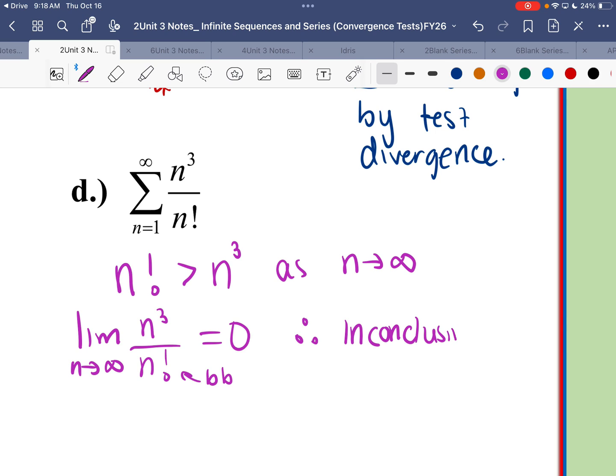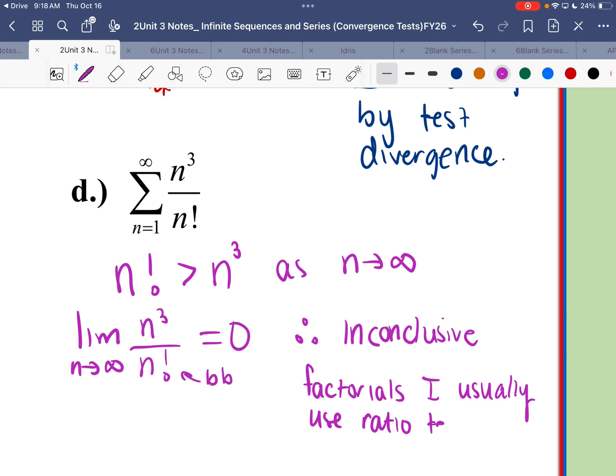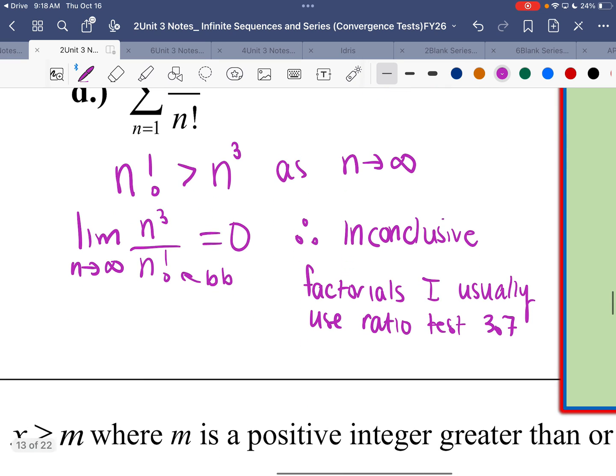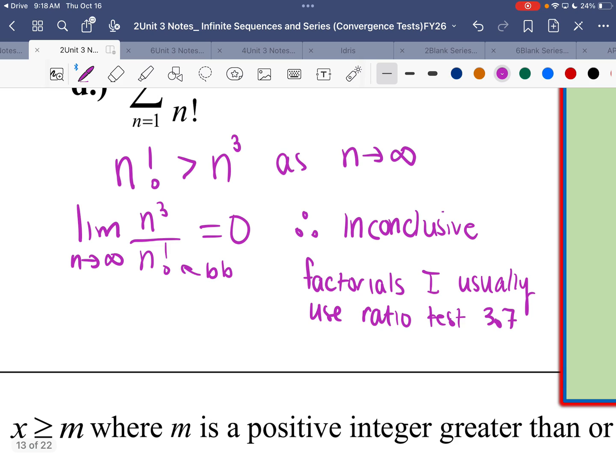Usually for these inconclusives, for factorials, I use the ratio test that we'll do in 3.7. The ratio test is the one that deals with factorials the best. It just gets rid of them right away. But we have a long time until we do that.